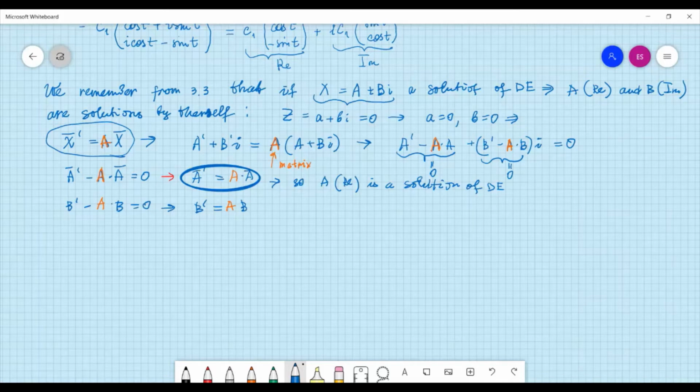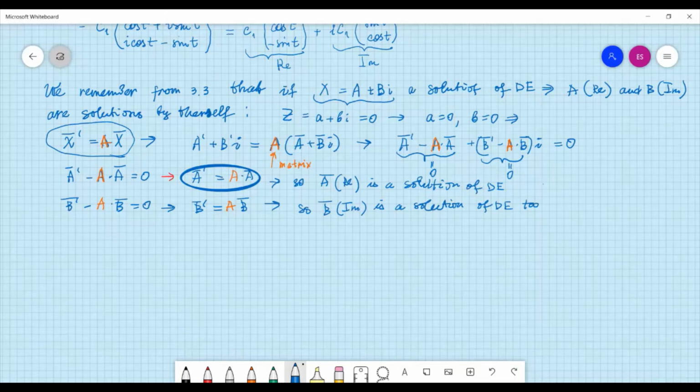This is a vector, this is a vector, and whatever is without a vector is not a vector then. This vector, which is the imaginary part, is a solution of differential equation 2. So we got 2 solutions.